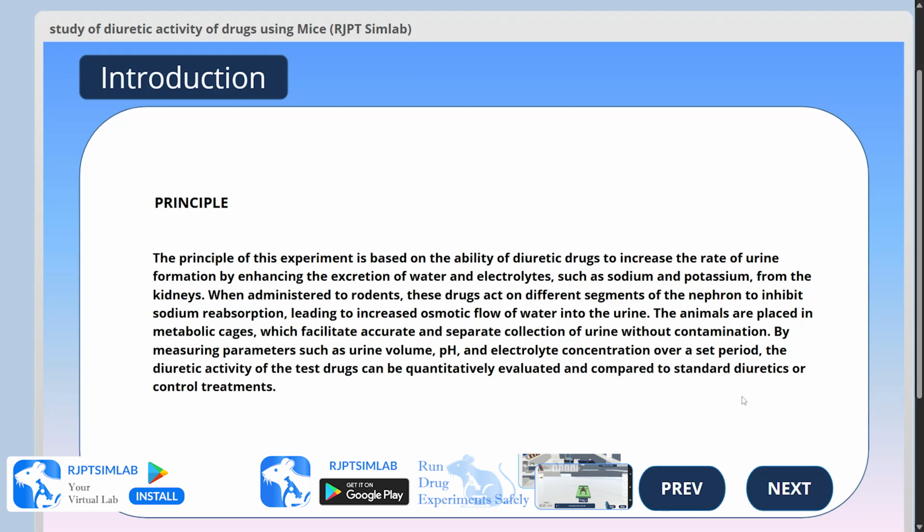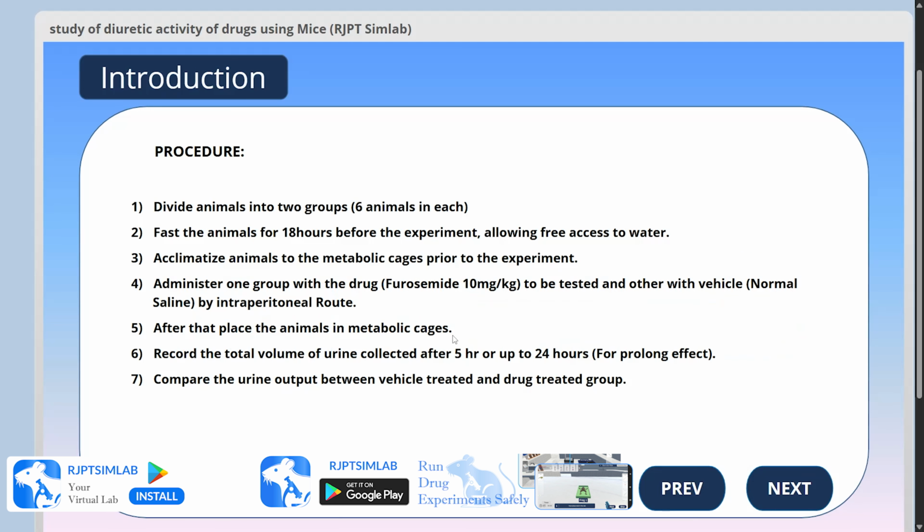In the control group, as we know, we will not administer any drug, and in the standard group we will administer the drugs. Now let us see the procedure, how to do this experiment.